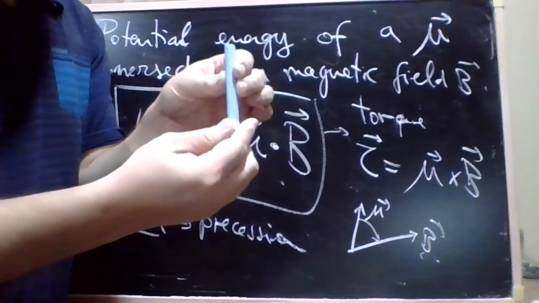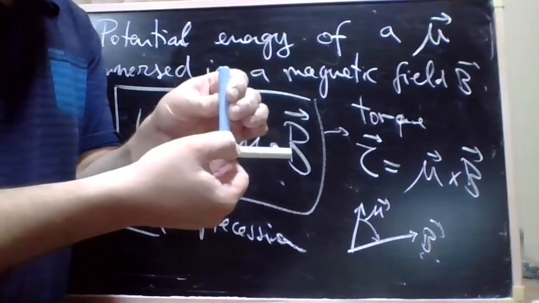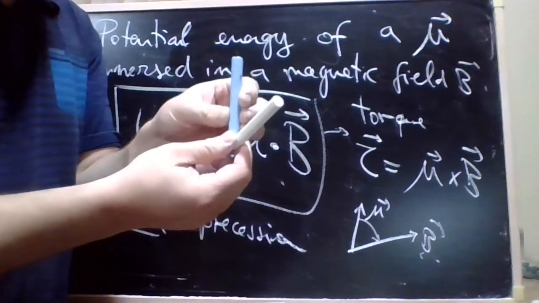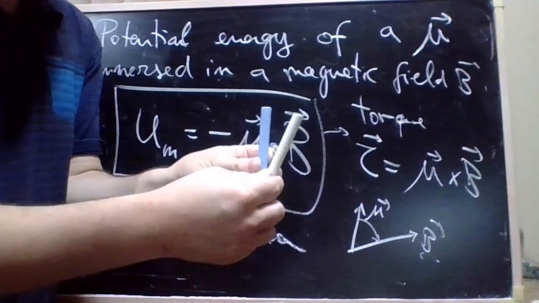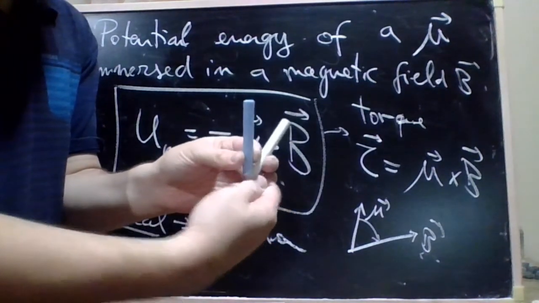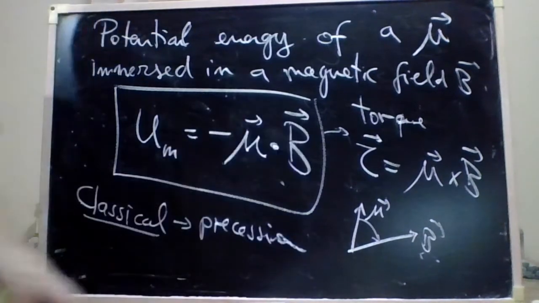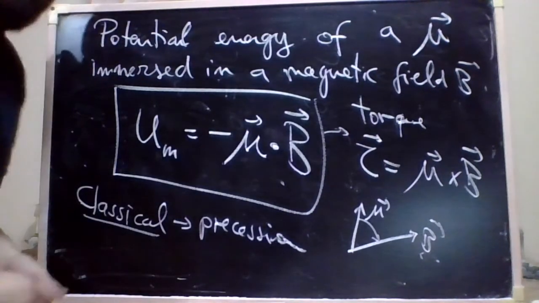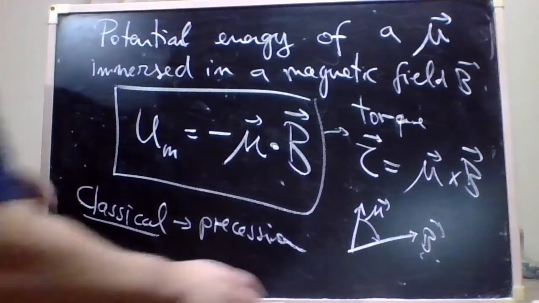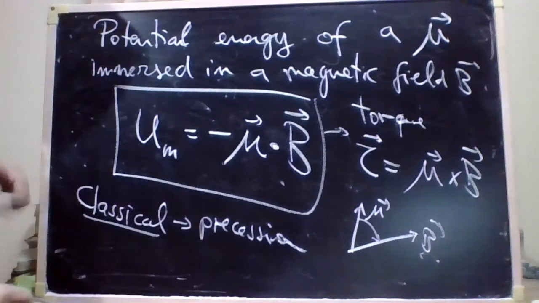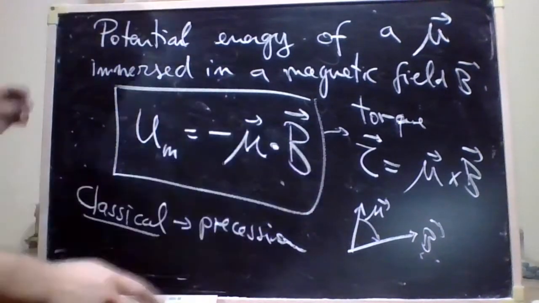If the system is lossless, it will rotate forever. This is precession. All right. So if it's not exactly at 90 degrees, but at some angle here, it will precess. And this is the nature of the problem we are dealing with here. This is the nature of the spin precession problem. It also happens in classical mechanics.